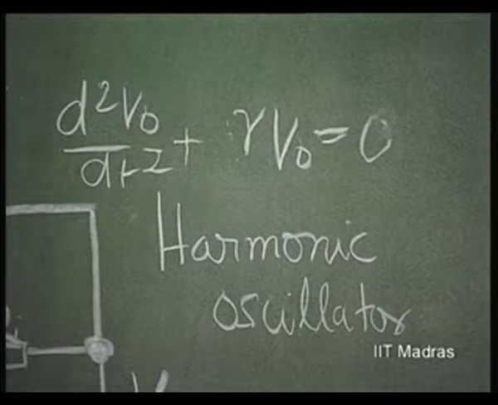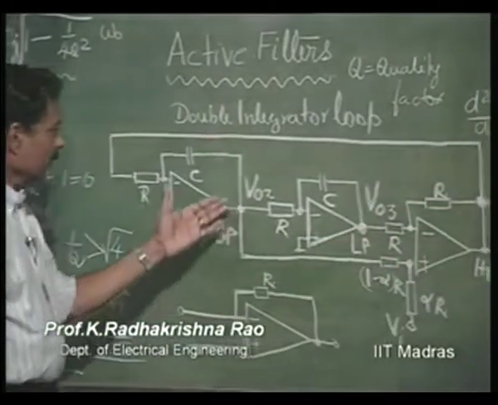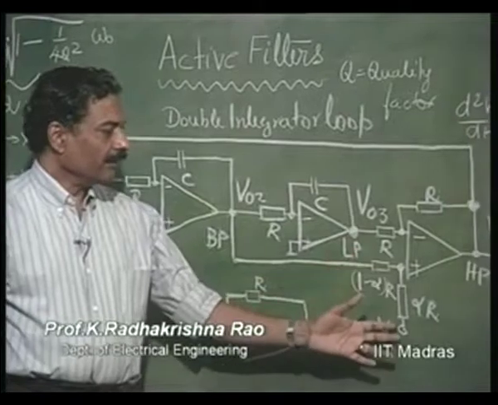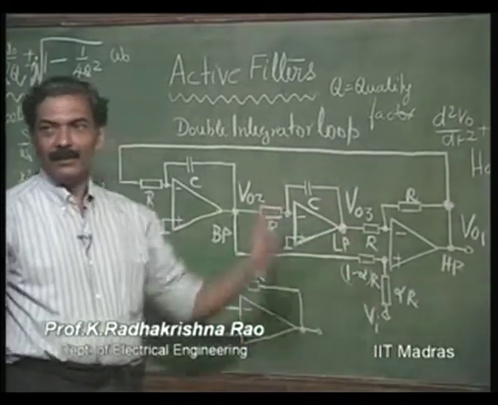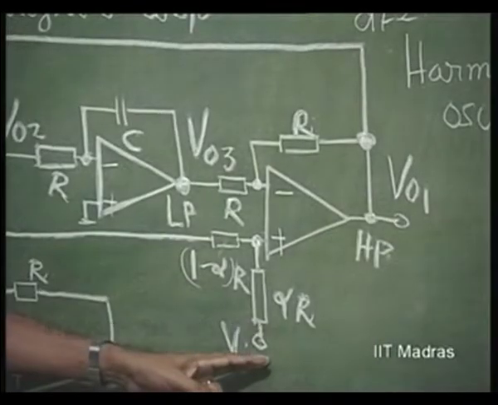The output will be corresponding to the resonant frequency. So, this should be absent. That means this has to be disconnected, and whether Vi is there or not, it will by itself go into oscillation. So, we can as well connect Vi to ground.